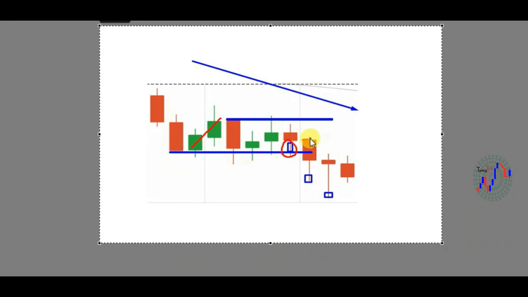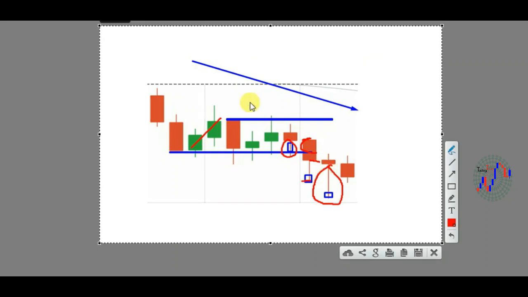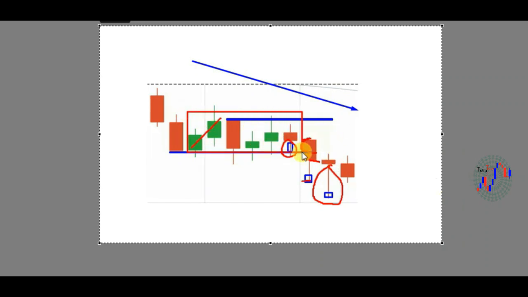Now you can see the level has been broken strongly. It's the previous level, the buyer's entry level. It has been broken and made a new low. So after this candle we can go with sellers again, and after this candle also we can go with sellers. Why? Because it's a downtrend, there is a new low and there is no buyers' activity, and this level has been broken now.